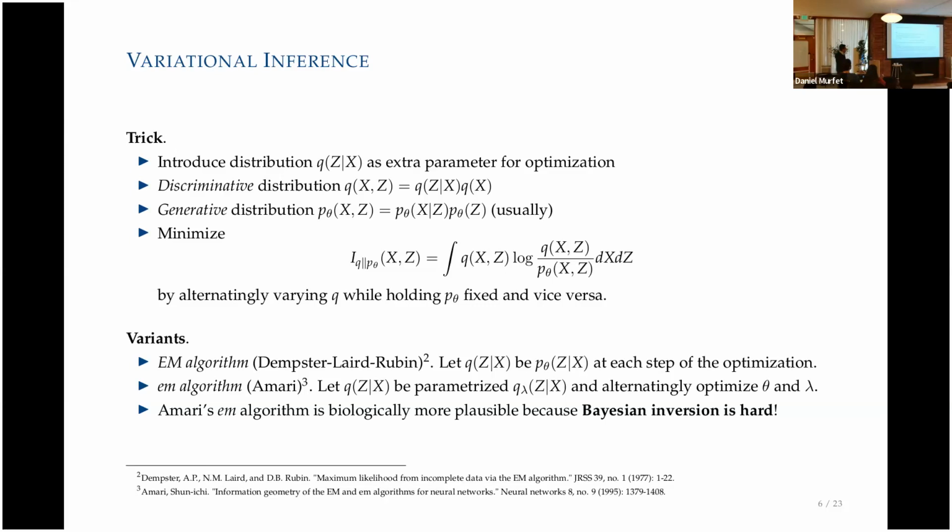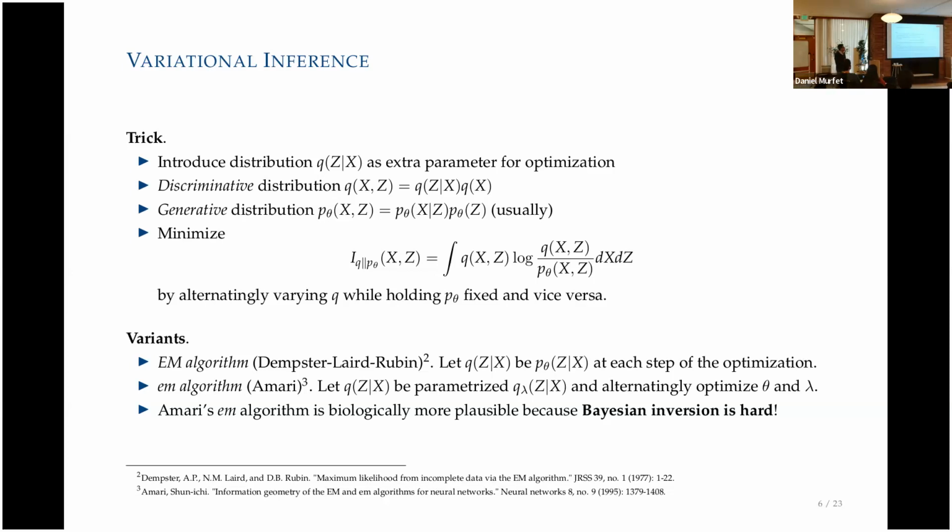We do that by alternatingly varying q while holding p theta fixed, or varying p theta while holding q fixed. So there's a two-step algorithm here, and because of this two-step, there are a few variants of this variational inference algorithm. One is called the EM algorithm, or expectation maximization algorithm, from Dempster, Laird, and Rubin.